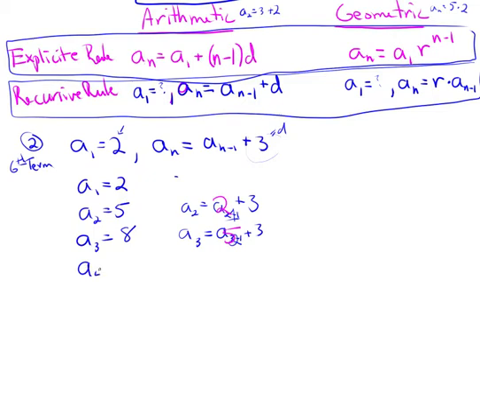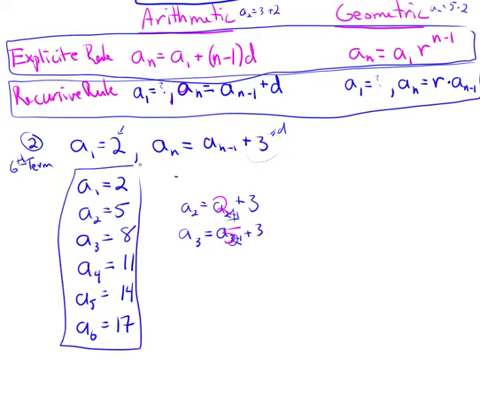A sub 4, now we have that pattern of plus 3, would be 11. 14 would be a sub 5. A sub 6 would be 17. And then that would be our sequence of numbers for this recursive rule.